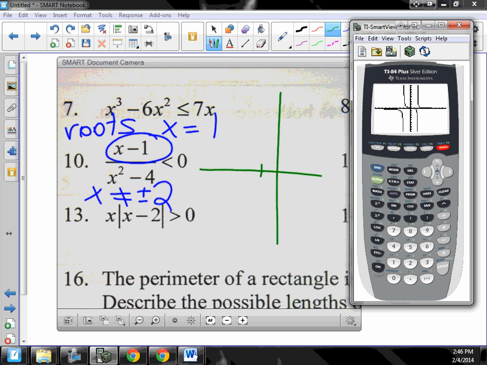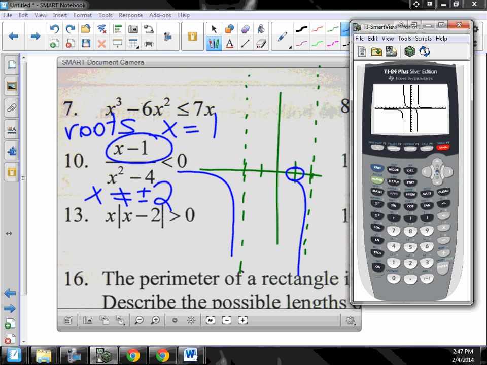So I have an asymptote at negative 2. I have an asymptote at positive 2. I have a root at 1, but it's an open circle because it's not equal. And I'm only going to draw the bottom half of the graph. So this part, and that's it.